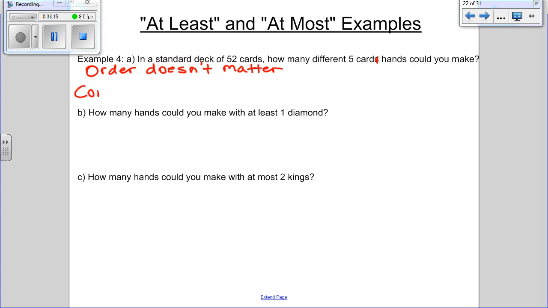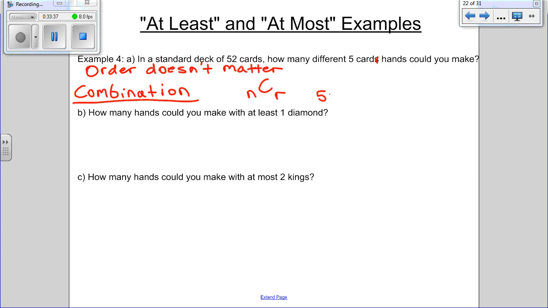If I want to figure out the total number of possibilities, then I need to go nCr. n is the total number of things I'm selecting from, 52 cards. C just stands for combination. r is the number of things I'm selecting. I'm selecting 5 things.